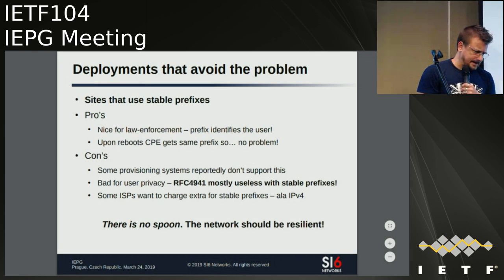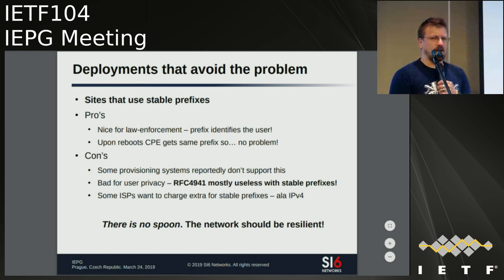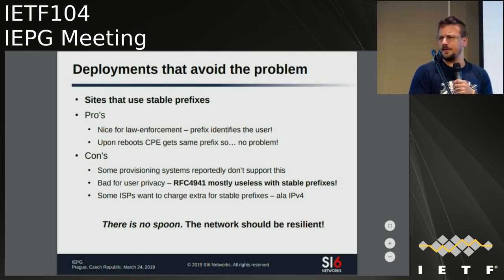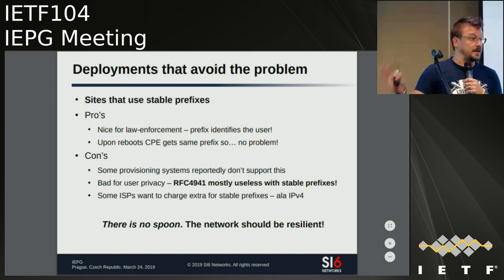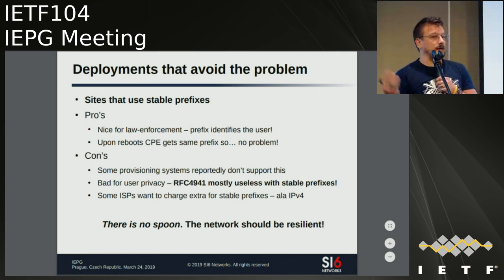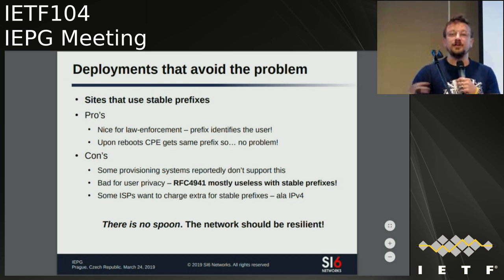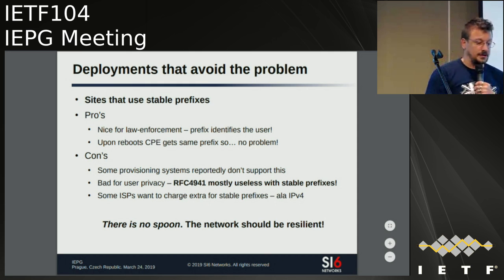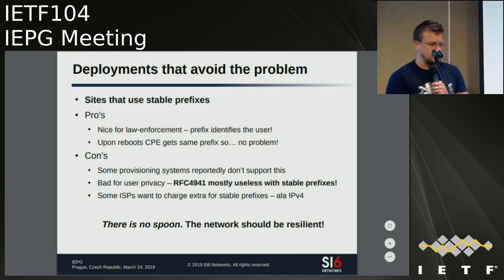There was some kind of survey that had been performed on this topic. I don't remember the numbers, but I think it was something between 25 and 35% of the surveyed ISPs that were leasing dynamic prefixes. So in the case of those ISPs that had been surveyed, in around 25% they were using dynamic prefixes, meaning that you might potentially hit this problem.